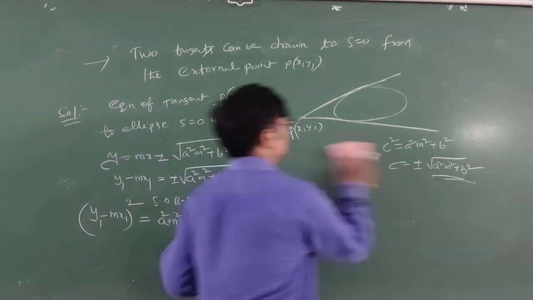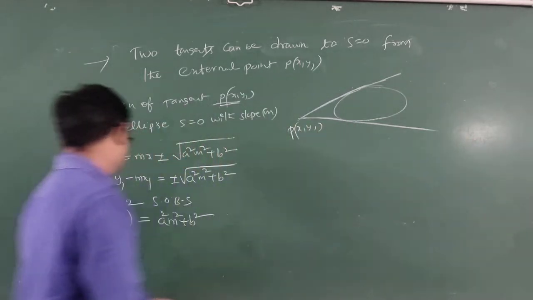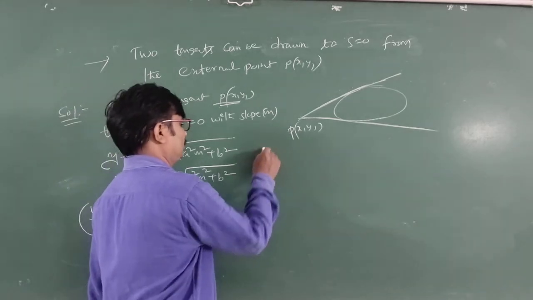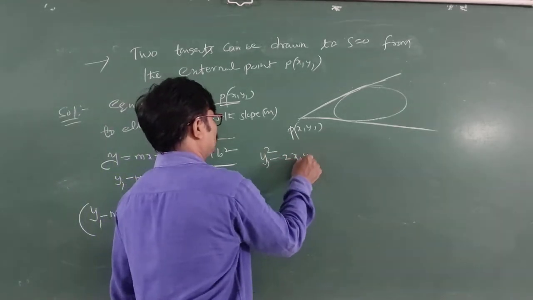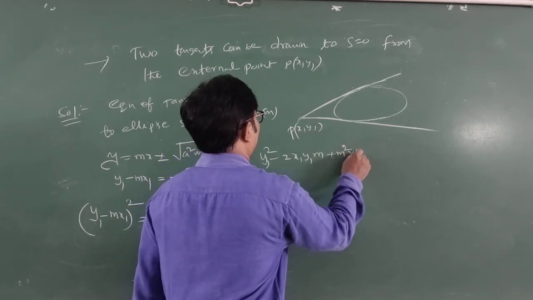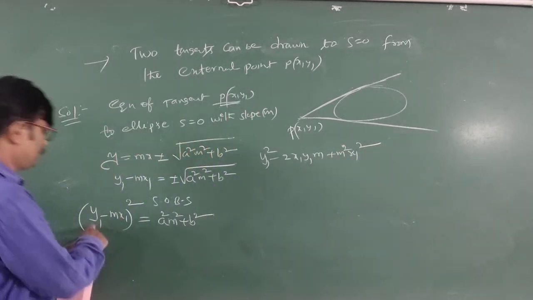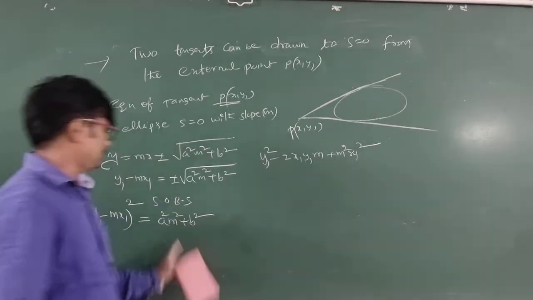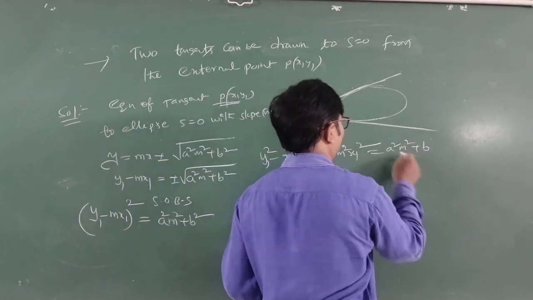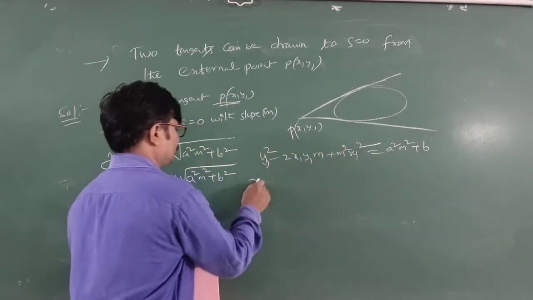Now, (a minus b) whole square is a square minus 2ab plus b square. This is y1 square minus 2 x1 y1 m plus m square x1 square equals a square m square plus b square. So m square is the common.